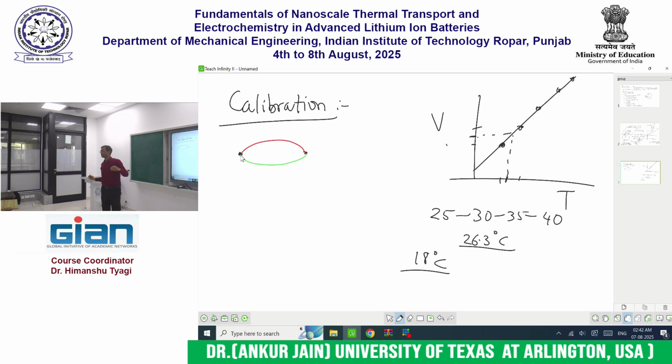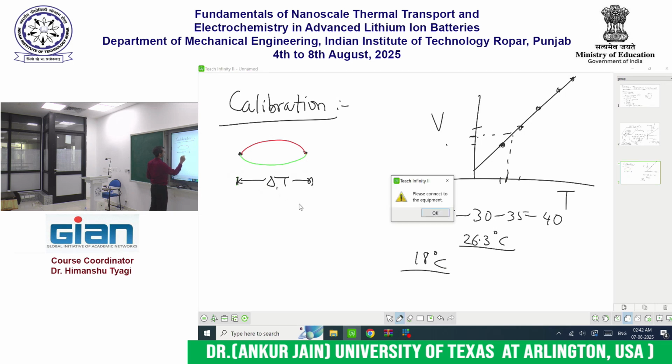And the property is that certain pairs of materials, if there is a temperature difference across, then that causes a voltage difference between the 2 ends. So you sit there, measure the voltage difference. If these two are exactly at the same temperature, there is no voltage generated.